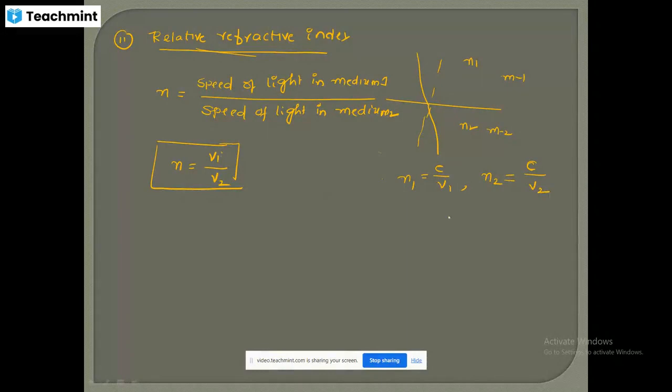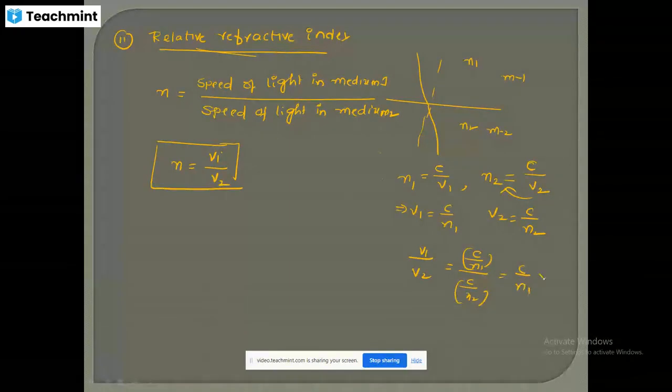We take the ratio. From these, v1 is equal to c by n1, and v2 is equal to c by n2. So taking the ratio v1 by v2, c by n1 divided by c by n2, taking the reciprocal, c and c get cancelled, therefore n2 by n1.